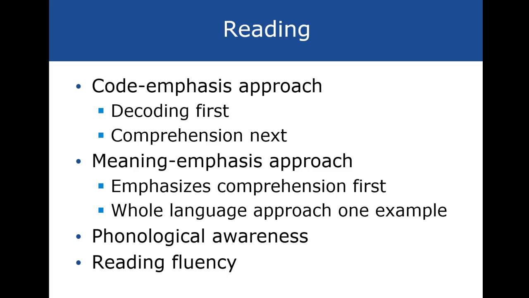Meaning emphasis looks at the whole language, so learning words as a whole and reading books as a whole, which I feel is more of a memorization approach. And then phonological awareness goes in with the code emphasis, being able to find their phonics. And reading fluency is how smooth they're reading, how quick they're reading.